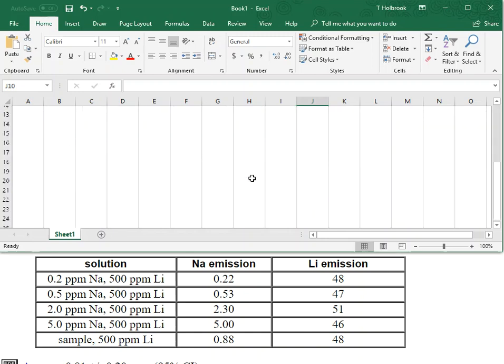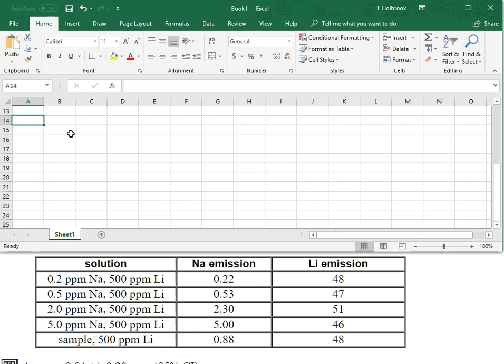So I'm going to scroll down and do this again, but this time we're going to include the actual lithium internal standard. How do we do that? Well, I do it the same as before. I plot my concentration of the sodium: 0.2, 0.5, 2, and 5.